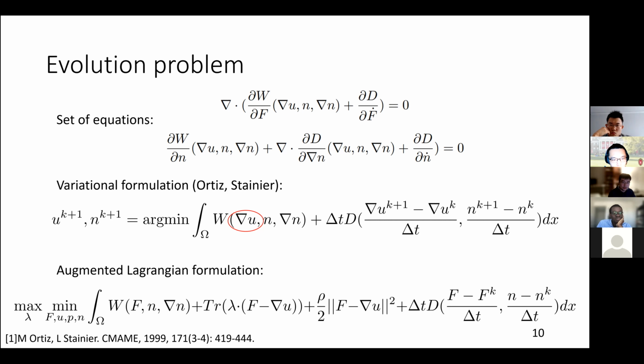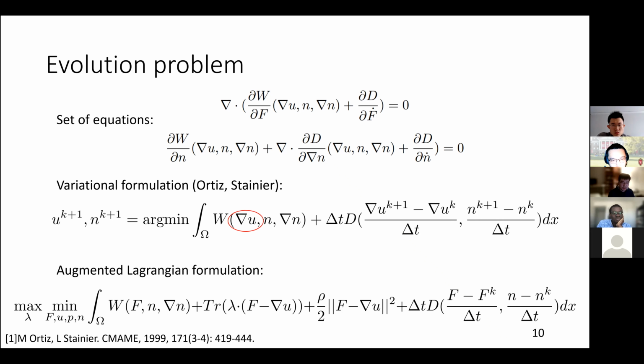So to resolve this, what we end up using is that we explicitly write this apart. So here we introduce another variable, which is a deformation gradient, into the energy, and explicitly enforce it to be equal to some displacement field's gradient.